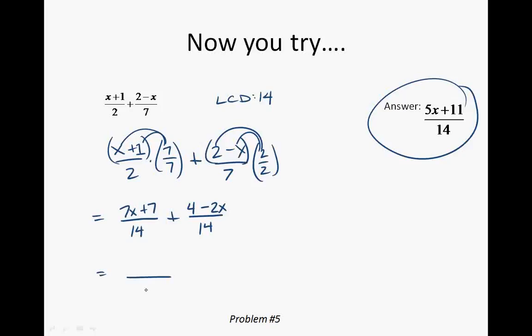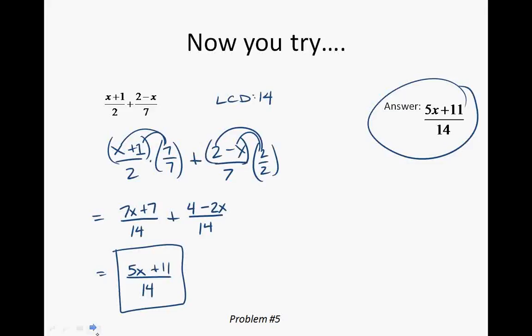So I'll put my denominator there as 14. Collect your like terms. 7x plus negative 2x is 5x. And then 7 plus 4 is 11. That's how we get our answer, 5x plus 11 over 14.